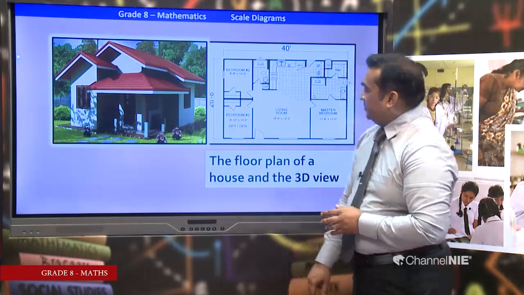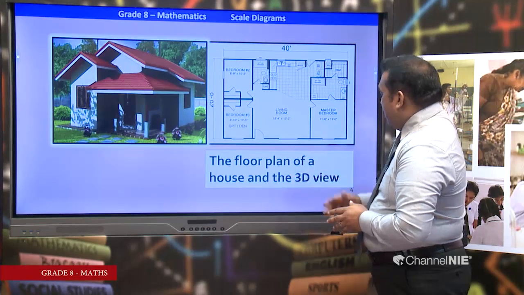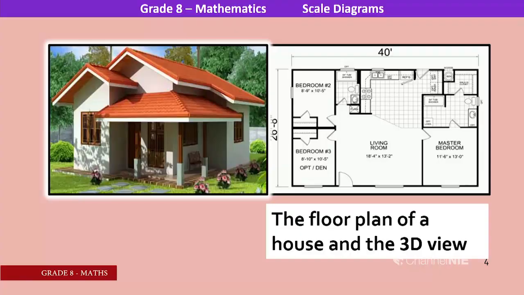Next one, the floor plan of a house and the 3D view. In this diagram also you can see a bedroom. You can measure the length and breadth of the bedroom using centimeters. Therefore, these are not the actual measurements. Using meters you can measure the length and breadth of a room.